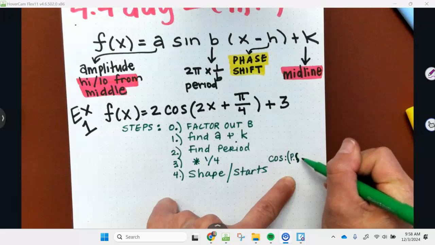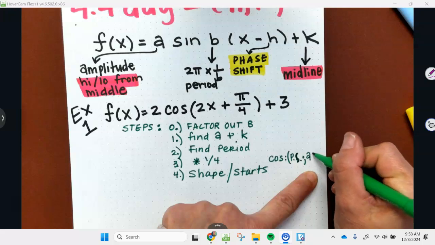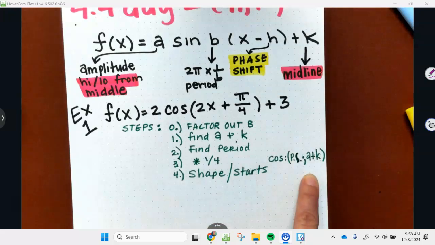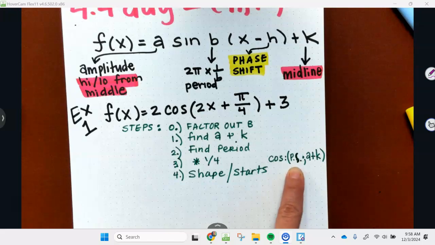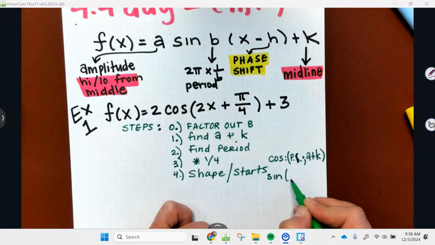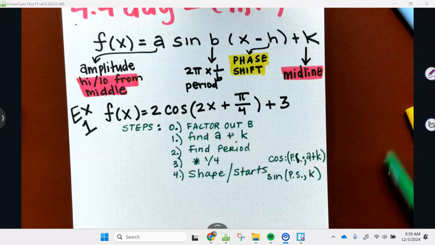Whoops, that's supposed to be an S. And then it's going to be A plus K. Y'all, that's an S. That stands for phase shift. Sine is just phase shift, K. And it's nice to write that down, but if you draw the shape, you're going to know it.